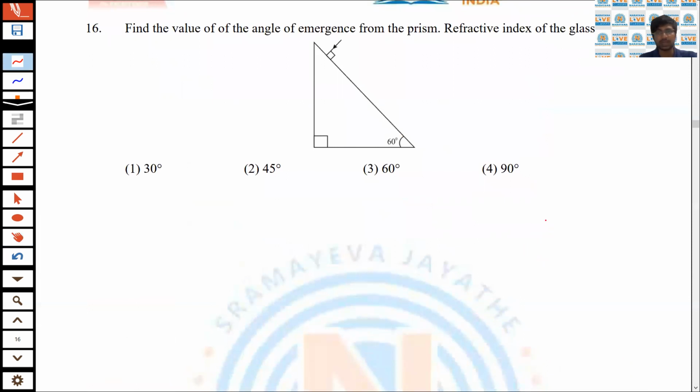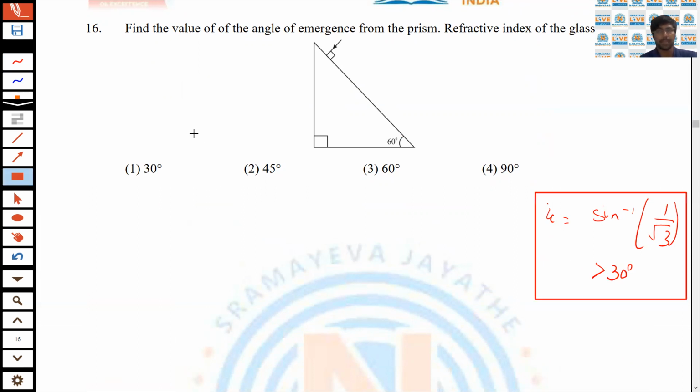Now first we need to find the critical angle for this. So this is sine inverse 1 by √3, and this is obviously greater than 30 degrees. Now why am I writing this? Because once we get that this light ray is incident on this surface like this, and this is 90 degrees and this is 60 degrees, this obviously becomes 30 degrees.